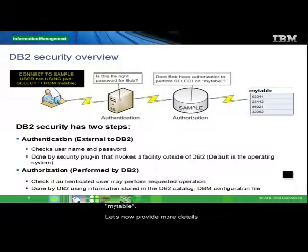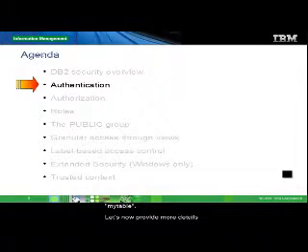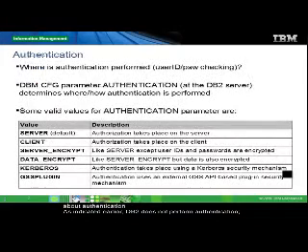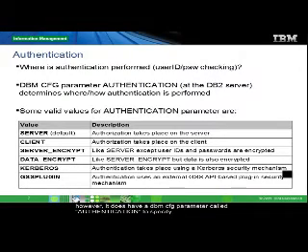When the user starts executing operations in the database, DB2 will check in this case that user Bob has select privilege and he can do it on the table, my table.